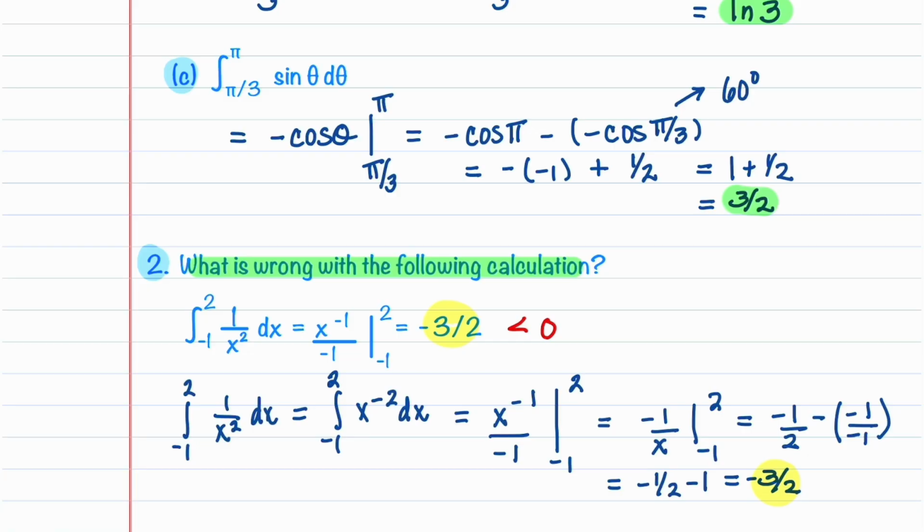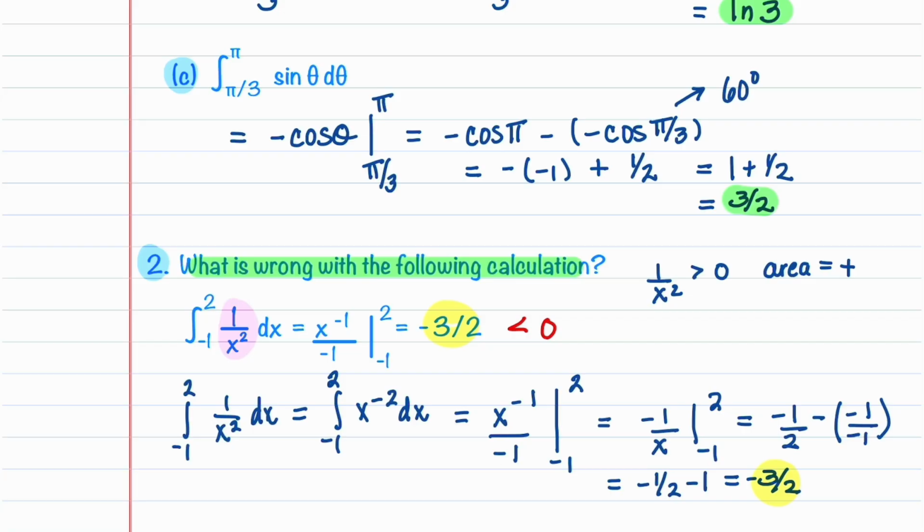Let's think about this. If we look back at the function that we are integrating, it is 1 over x squared. 1 over x squared is greater than 0. So the area under this curve should be positive. But it's not. We got that it was negative.